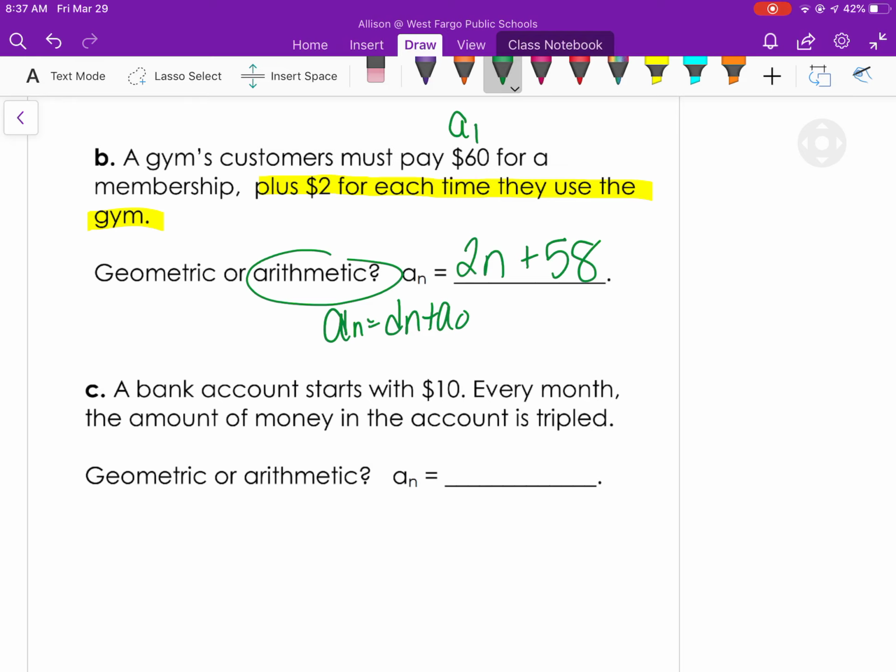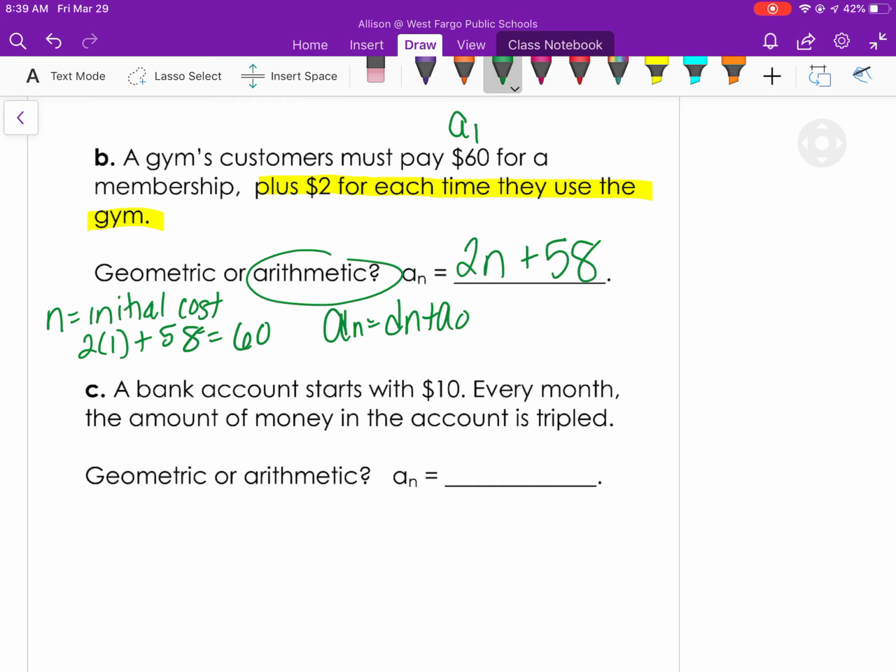So let's say that n equals 1 is your initial cost. Then if you plugged in 1 for your first time that you're there, you'll see that you're paying $60. So the very first time you're there, you pay the membership $60, your initial cost.